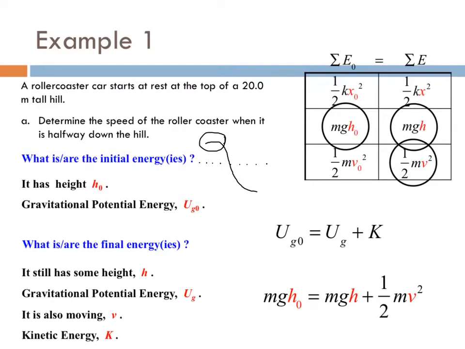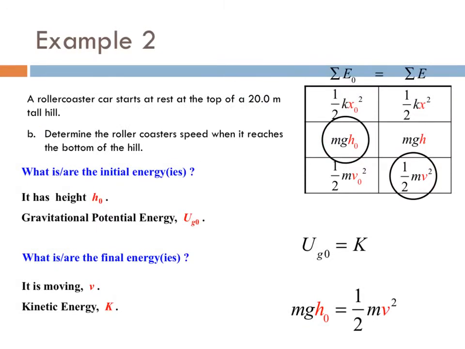So at the beginning, we only have potential energy. At that middle point, we're going to have both height and speed. So our equation will look like this bottom part. mgh naught, our initial height, is equal to mgh, our height at that point, plus 1/2 mv squared, our velocity at that point.